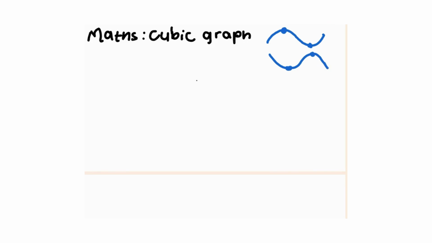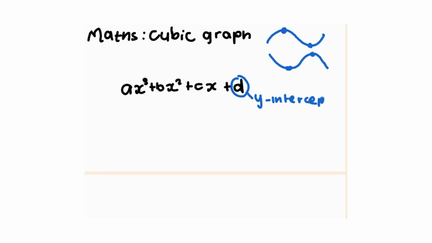And just like any other function, we have a standard equation for a cubic graph: ax cubed plus bx squared plus cx plus d. From this equation, if you are given the equation of a cubic graph with values, this part, d, represents your y-intercept, and this part, a, tells you the shape of the graph.